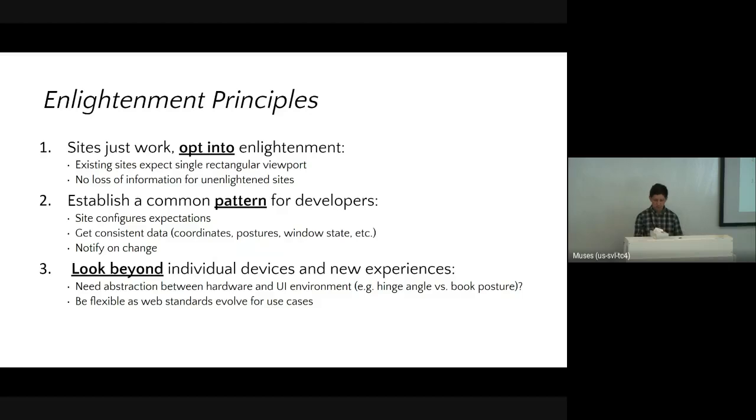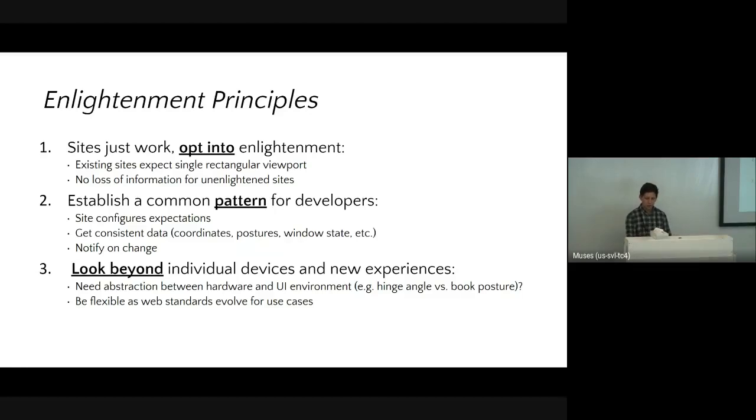The other bit, following that principle, is that we want no loss of information for sites that are not enlightened. If you have text that would normally span the gap, we don't want that to be hidden from users, so that they can actually see all the content that the site expected them to be able to see.